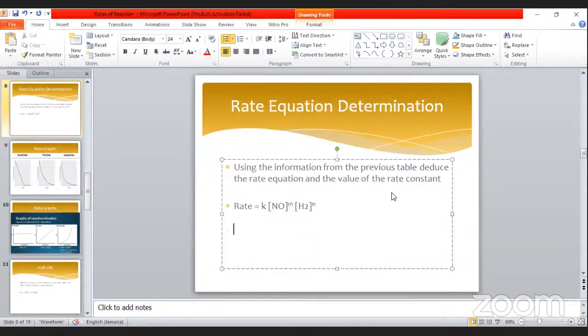Sorry about that. Someone is suggesting that you can use the laser feature to draw on the slide. All right. So to find M, we're going to compare experiments 4 and 5. That is to find M.